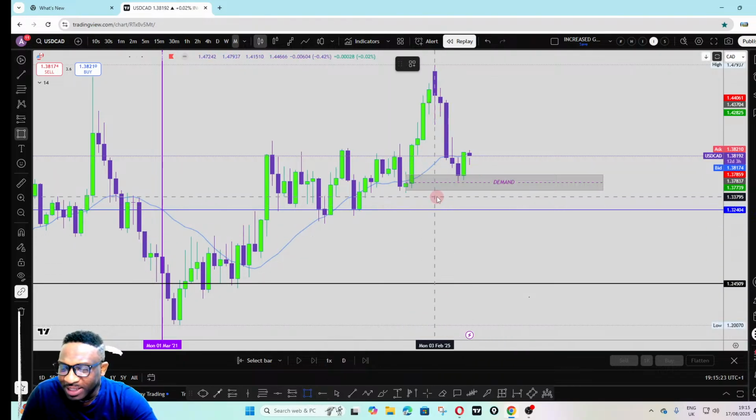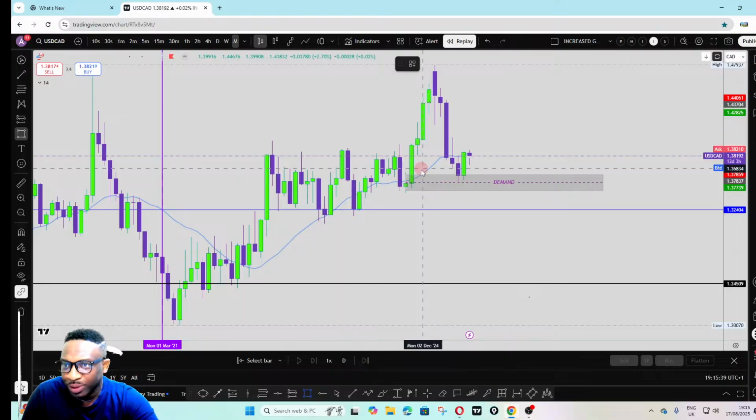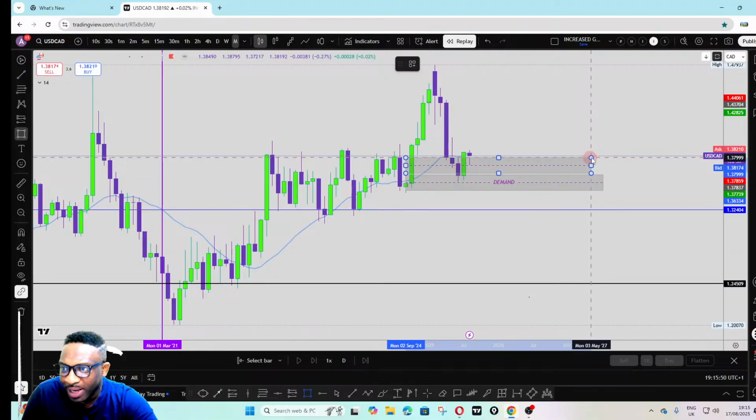The imbalance, as we said, is a 3-candle formation. This is the first candle, the big one here is the second candle, and this one here is the third candle. We want to identify areas where the wicks haven't been able to trade into each other. So we can identify that the high of the first candle is right here, and then we pick the low of the third candle, which is also right there.